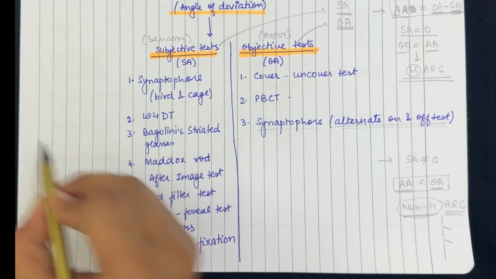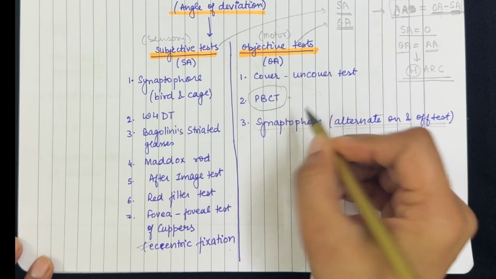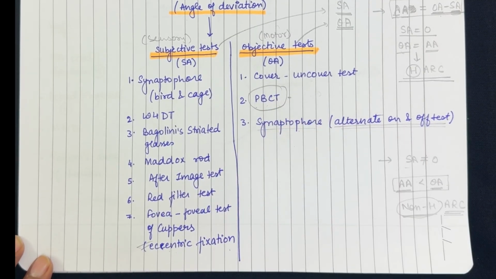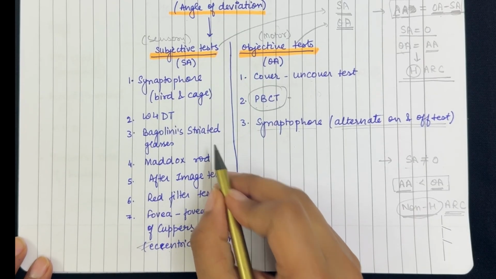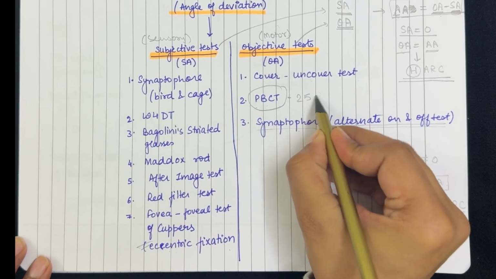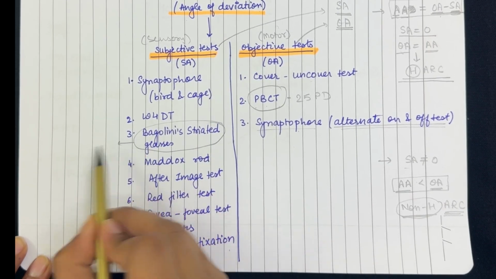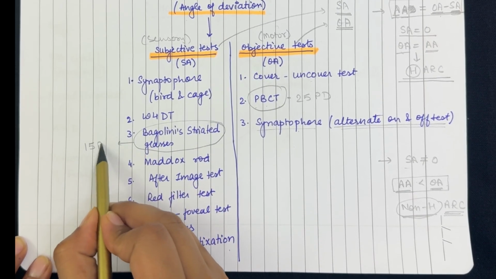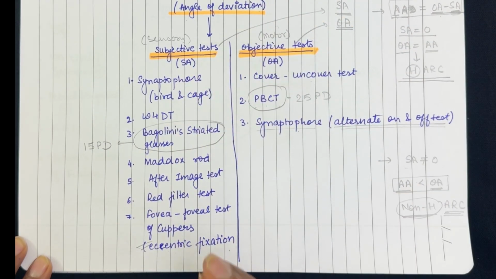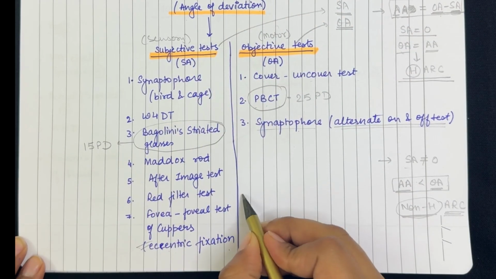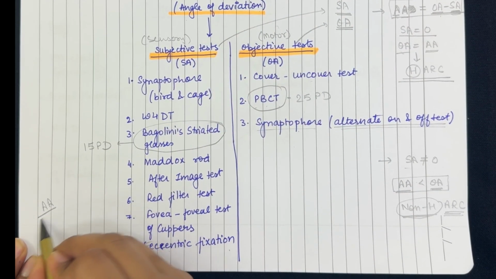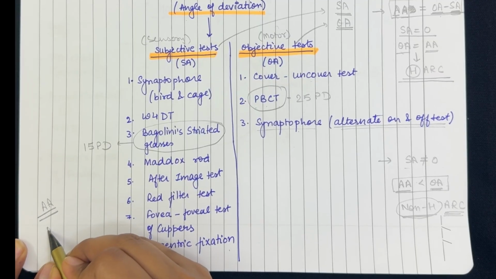So even ARC is of two types, harmonious and non-harmonious, based on your test. Now for example, suppose I did an objective test, PBCT, and my angle has come to 25 prism diopters, and suppose in the sensory test my answer came 15 prism diopters. I measured the angle of deviation. So now what will be the angle of anomaly?